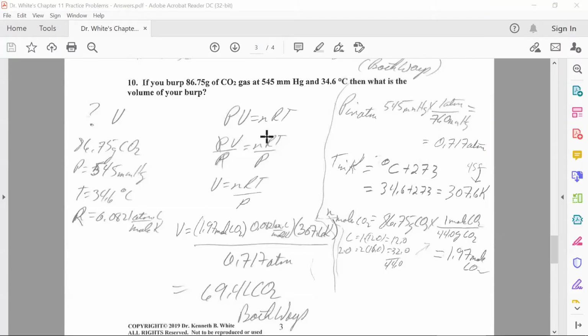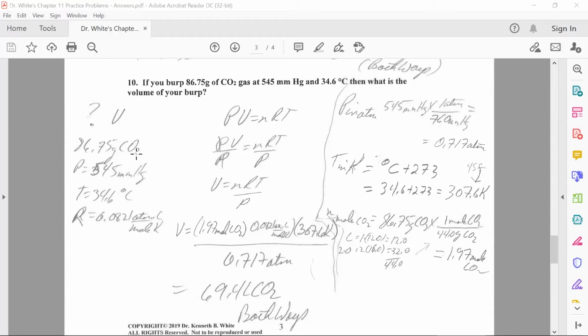Now, if we look at this, the question is, if you burp 86.75 grams of carbon dioxide, CO2 gas, at 545 millimeters of mercury, 34.6 degrees C, then what is the volume of your burp? Well, first of all, what are you being asked to find?